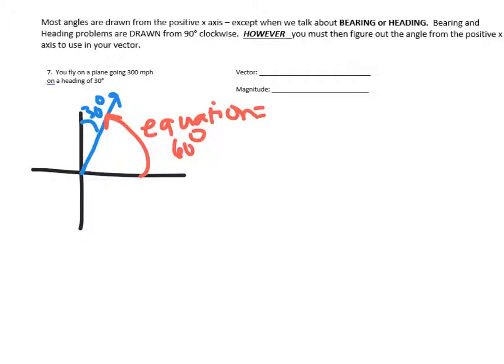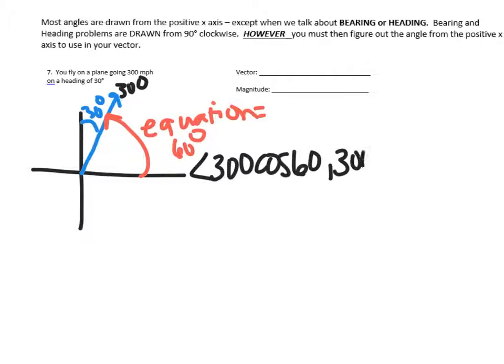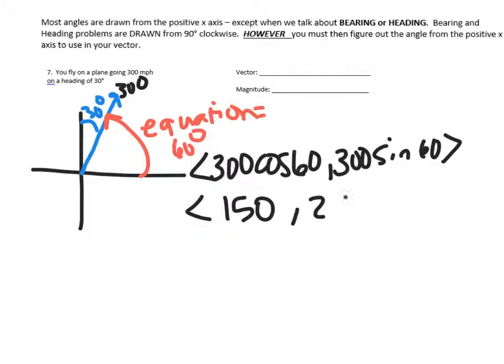So again, I'm flying 300 miles per hour, so that is my magnitude. And so my vector is 300 cosine 60, comma 300 sine 60. And then if we plug 300 cosine 60 in the calculator, we're going to get 150. If I plug 300 sine 60 in the calculator, I'm going to get 259.8.